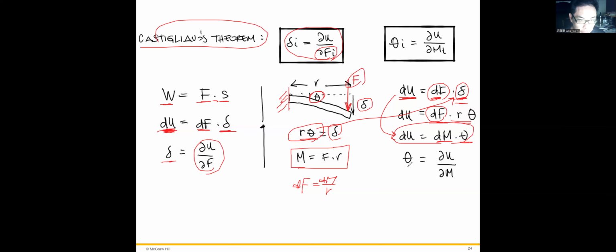We get theta equals the partial derivative of the energy with respect to the moment. So we get this relation.